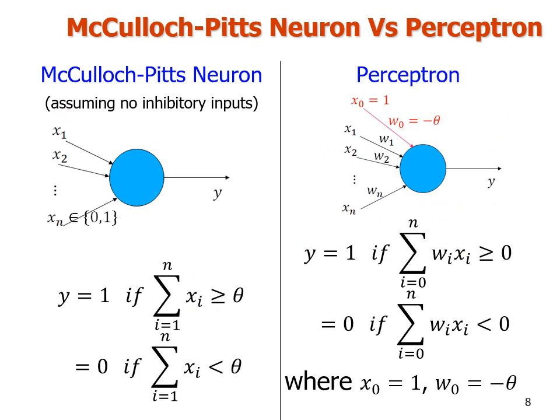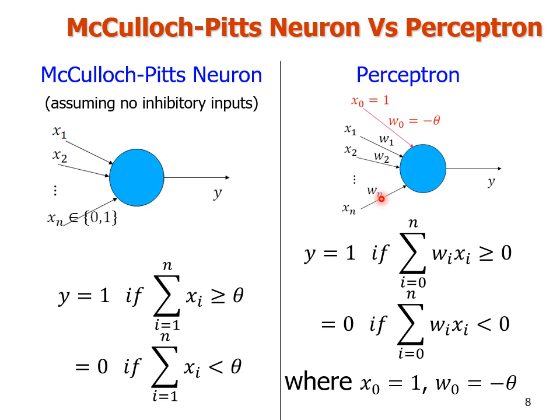Now let us compare the McCulloch-Pitts neuron and the perceptron. Looking at the diagrammatic representations of both the models, in the MP neuron we have only the Boolean inputs x1, x2 up to xn, whereas the perceptron allows non-Boolean inputs as well.